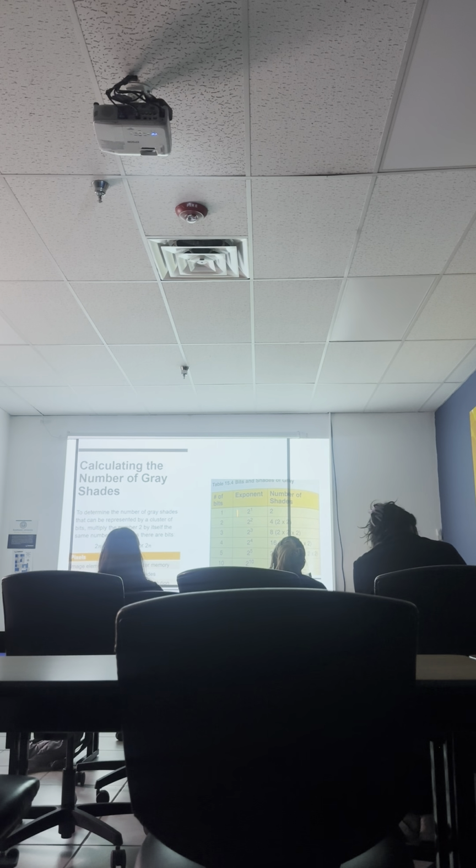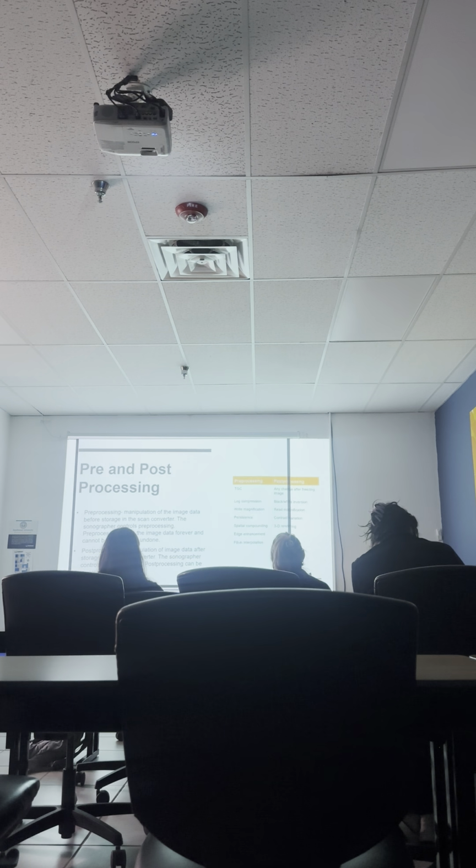But the computer still uses all that information. What makes sure that it's within the visible range of the human eye? Compression. Compression keeps it within that range where we can detect it.